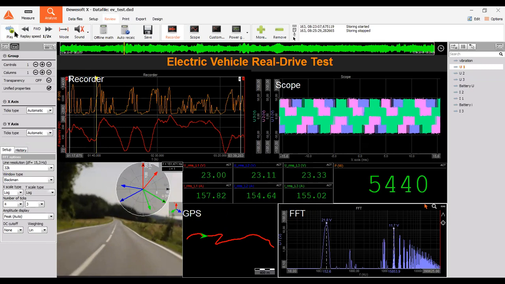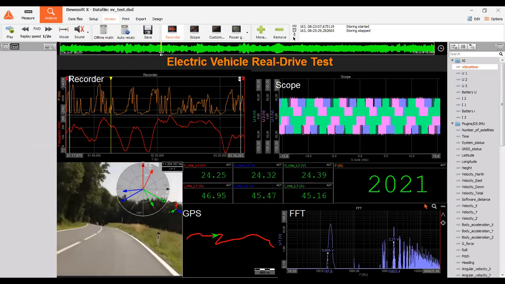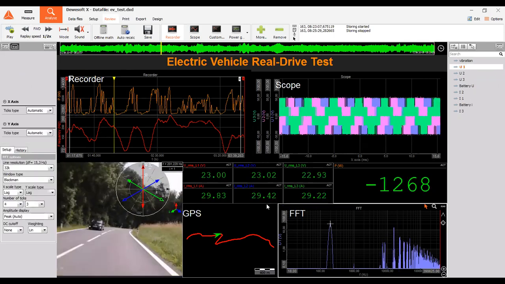So in Dewesoft, we have the possibility to do this also live, so we can directly see the results, the accurate power and FFT, and GPS synchronization, or with video, a completely synchronized measurement. So this was also an example for a three-phase measurement.